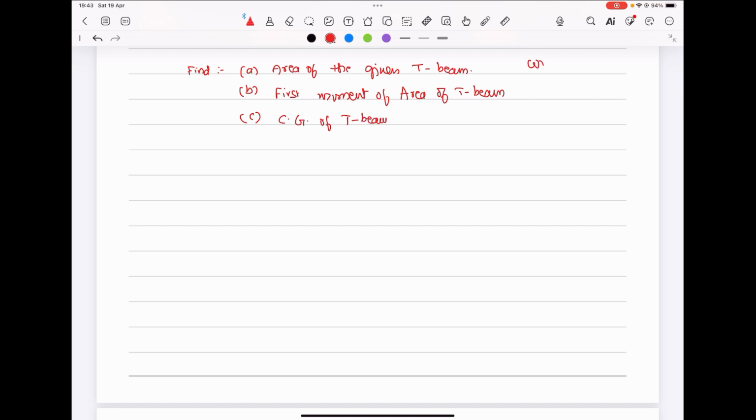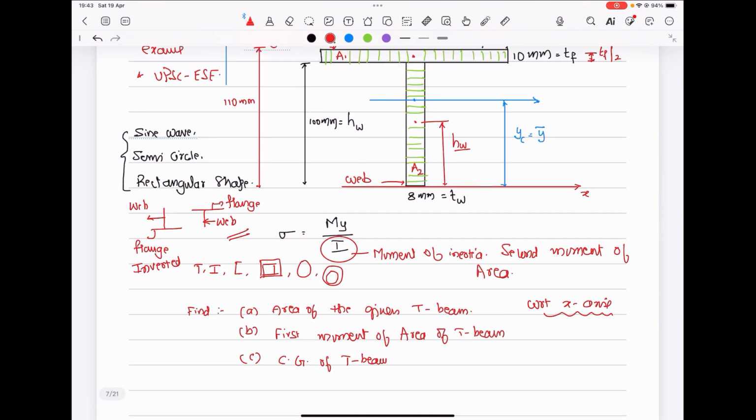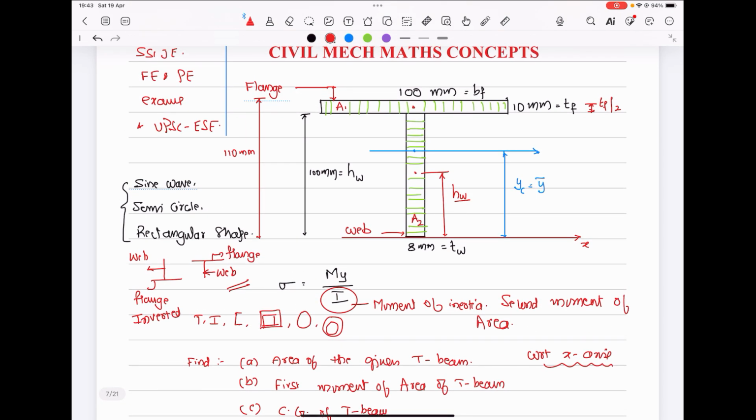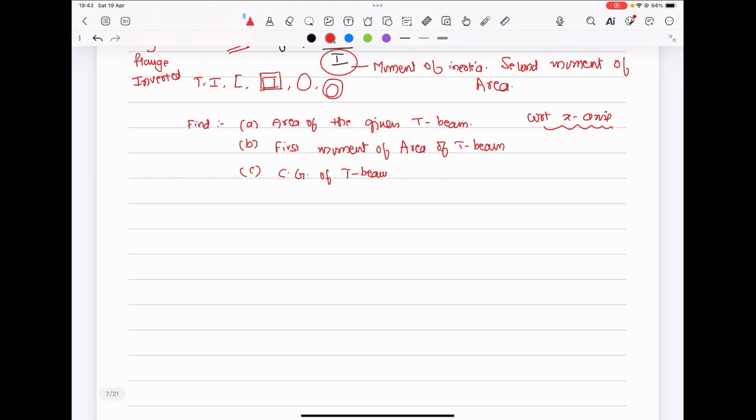These are all with respect to the x-axis, which is at the bottom of the beam.